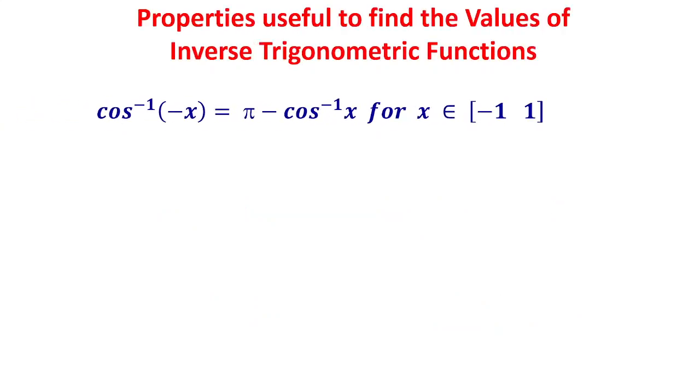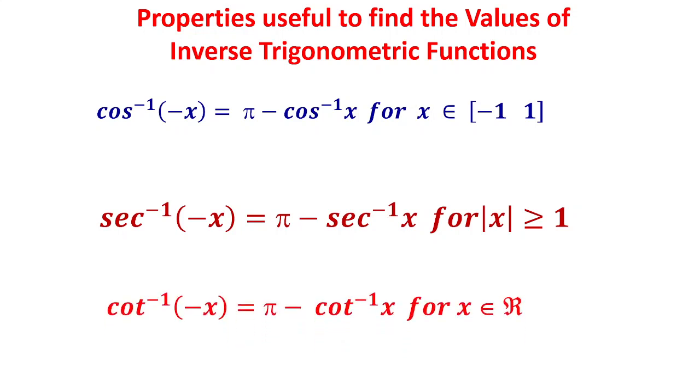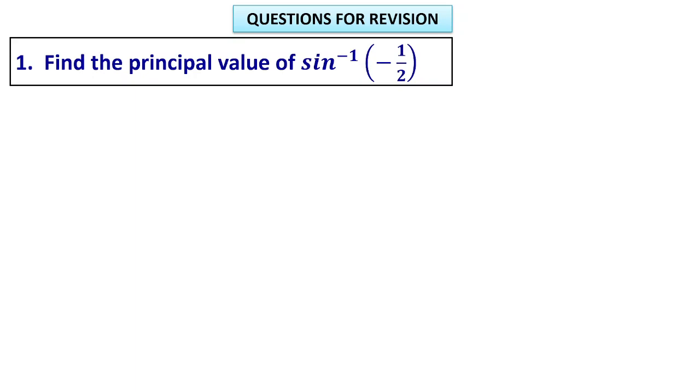Cos inverse of minus x is pi minus cos inverse x. Secant inverse of minus x is pi minus secant inverse x. Cot inverse of minus x is pi minus cot inverse x. Therefore, cos inverse of minus x, secant inverse of minus x, cot inverse of minus x cannot be negative. The final answer will not be negative. Well, let us move on to questions now.